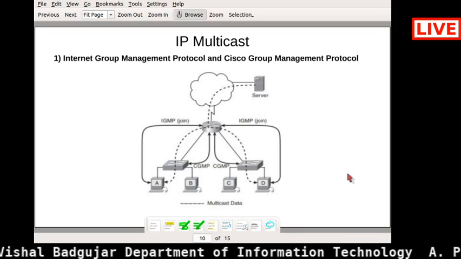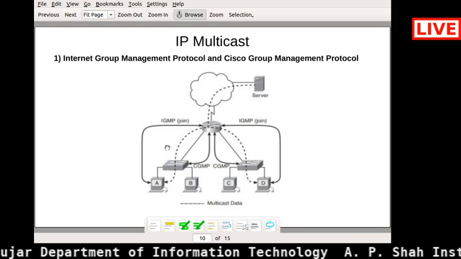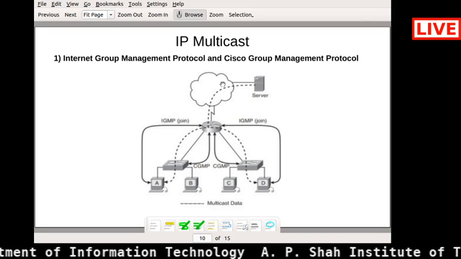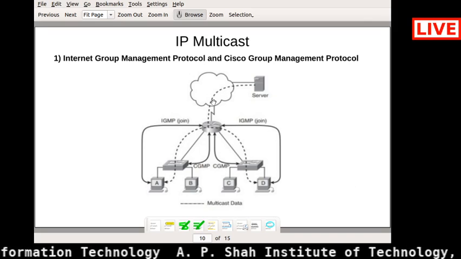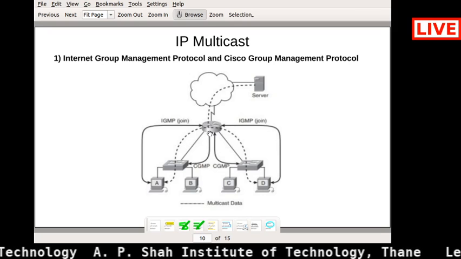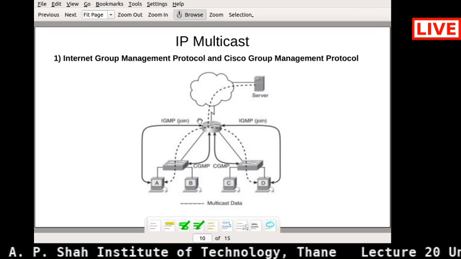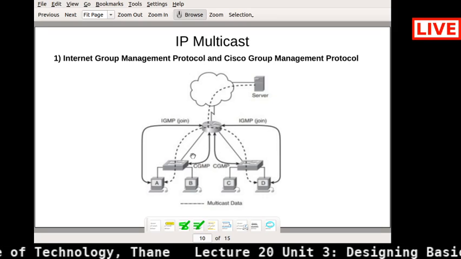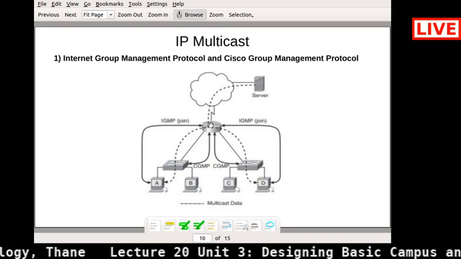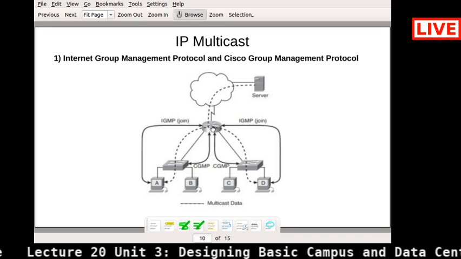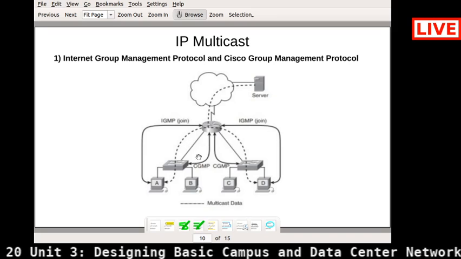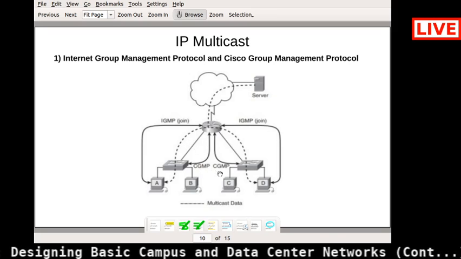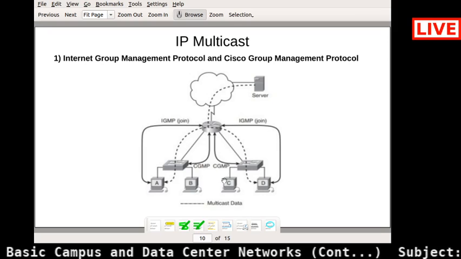In IGMP, the host registers with the router to receive messages sent to a specific multicast group, and only the router knows what it needs to send to these multicast groups.